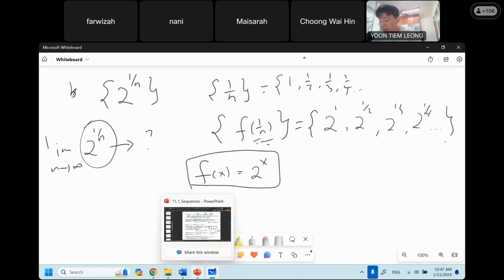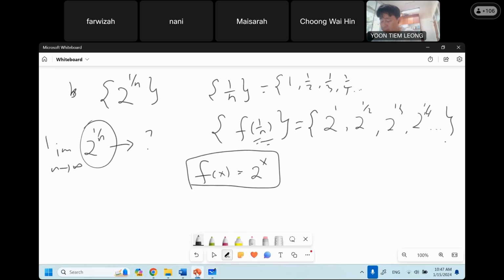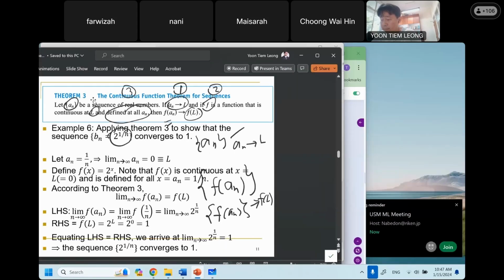According to the theorem we have just discussed, Theorem 3, the continuous function theorem for sequences, we have to have three conditions. We have to know the limit of the sequence a_n, we have to have a function f that is continuous at L, and we have to also make sure that the function f is defined for all a_n. So let me look at my function f here.